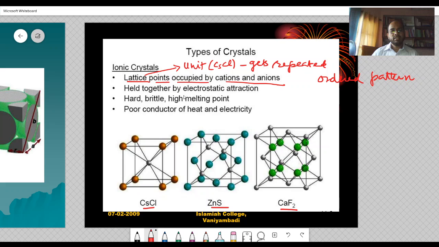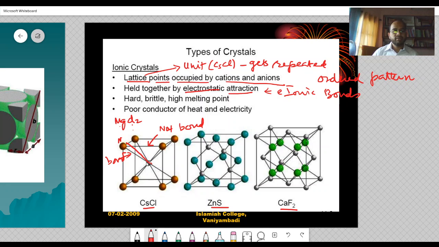So these are held together by electrostatic attraction, or ionic bonds. Usually we have a notion that every line is going to be a bond, but it is not. Only if this is Cs and this is Cl, only one will be a bond. Or if this has a coordination number of 2, or a bonding capacity of 2, like in magnesium chloride, one magnesium will be bonded to 2 chlorine atoms only.